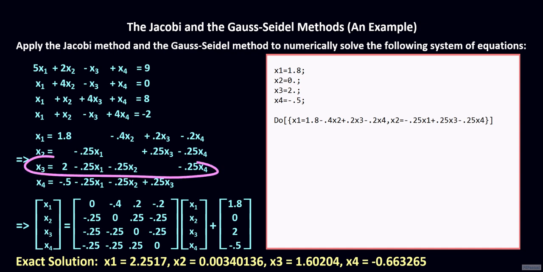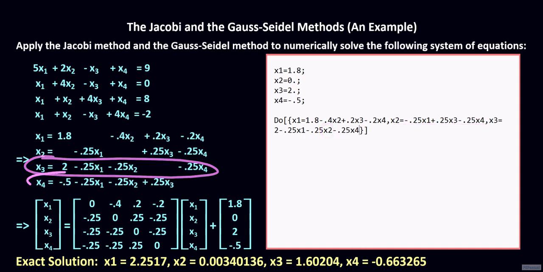From the third equation, x3 equals 2 minus 0.25 x1 minus 0.25 x2. For x2, like x1, the new value of x2 will now be used here and in the formula for x4. Then it's minus 0.25 x4.